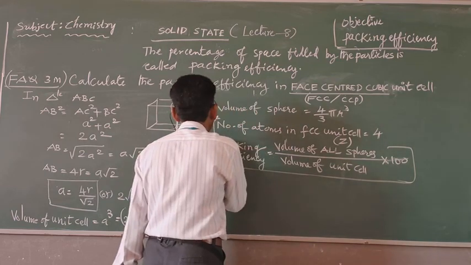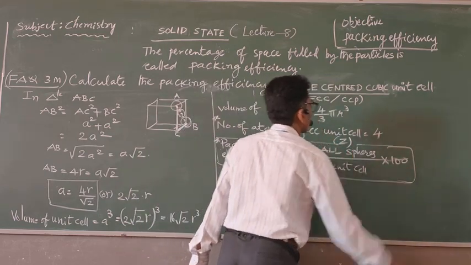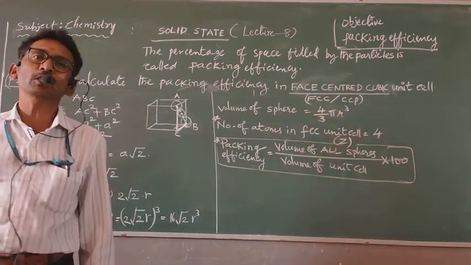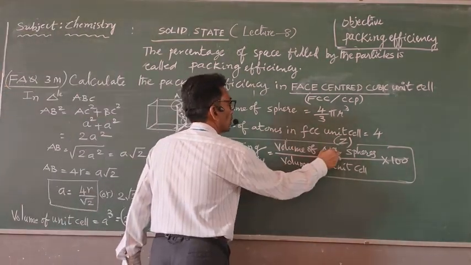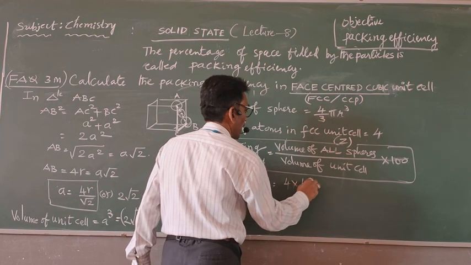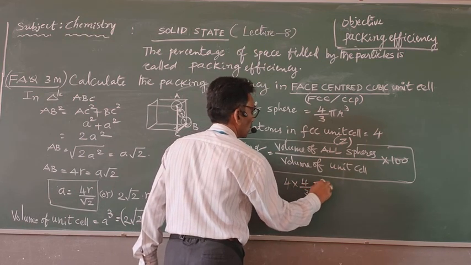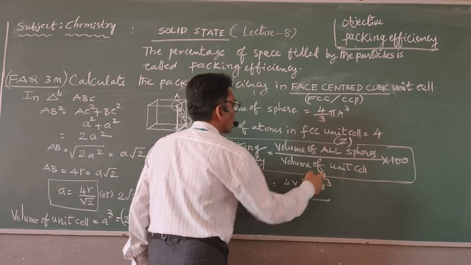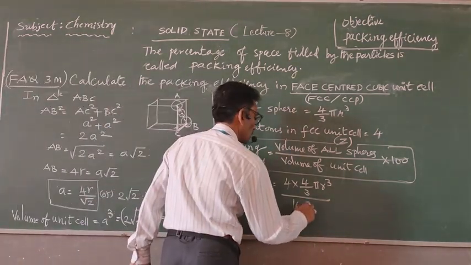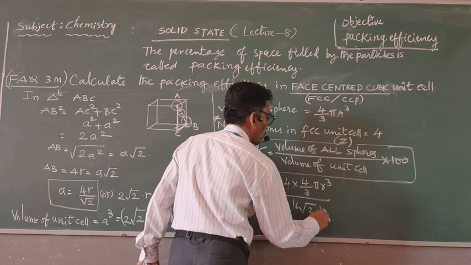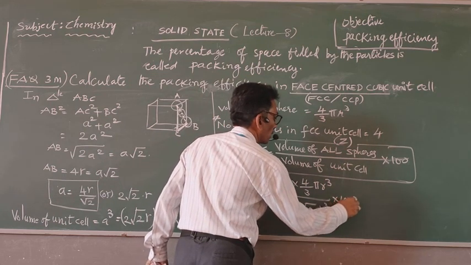If this formula is not written, one mark will be reduced at the time of evaluating your paper. Yes, how many spheres? 4. Each sphere has volume 4 by 3 pi r cube, over volume of the unit cell, here 16 root 2 r cube, multiplied by 100.